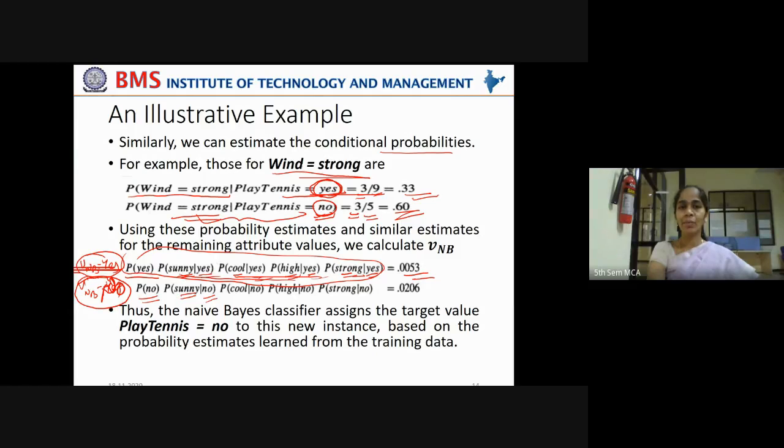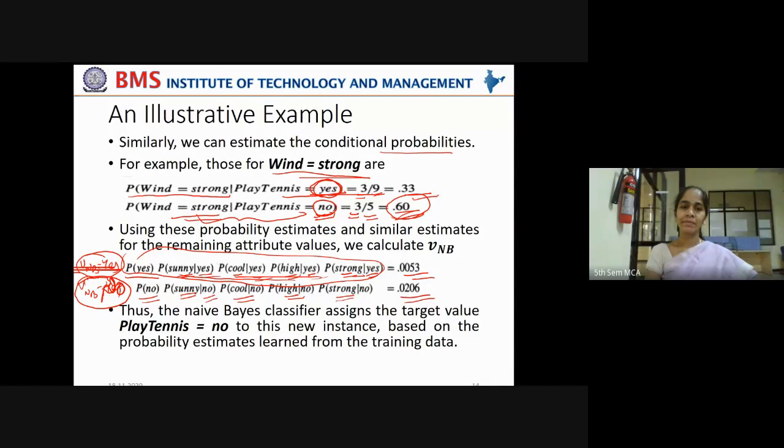You can calculate the probability of sunny given no, cool given no, high given no, strong given no. You have already calculated here, 0.60. Now substituting them in this and multiplying all of them, you will get the probability as 0.0206.